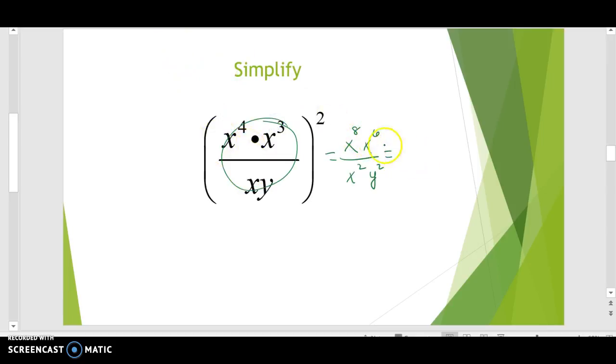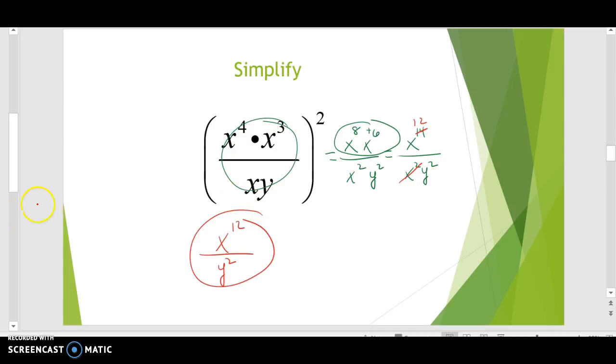Now what I like to do from here is multiply these same bases by adding those exponents to get x to the 14th over x squared, y squared. But anytime I have x's in the numerator and denominator, I have to cancel. So take 2 off the bottom, which means I have to take 2 off the top, and I have 12 left. So x to the 12th over, and I cancel any y's out. So y to the 2nd.